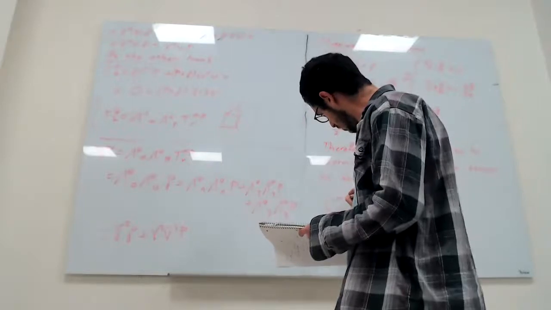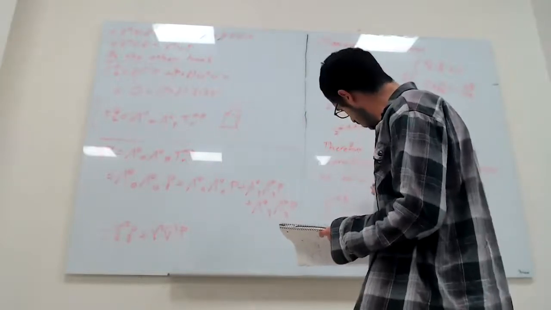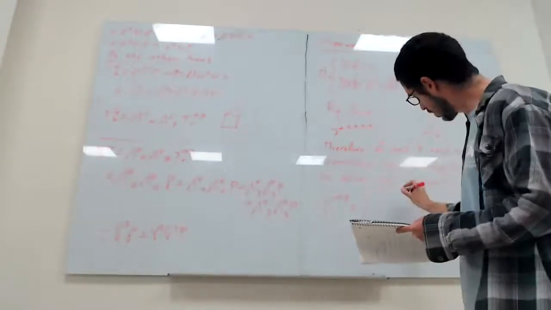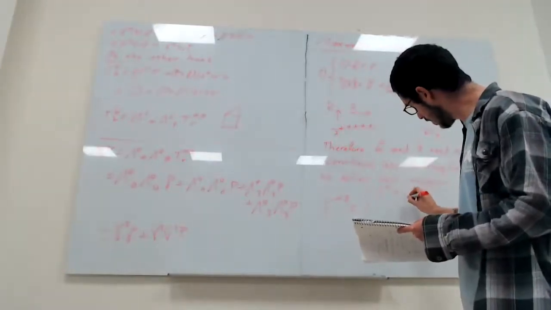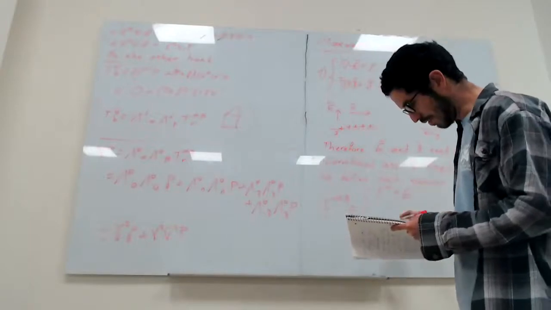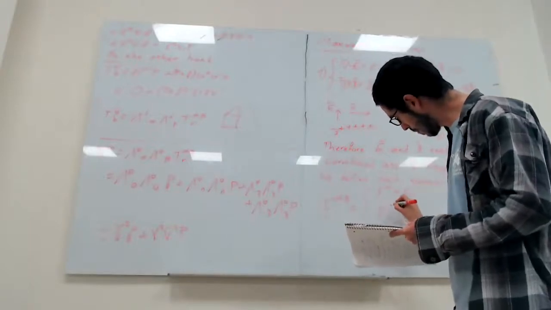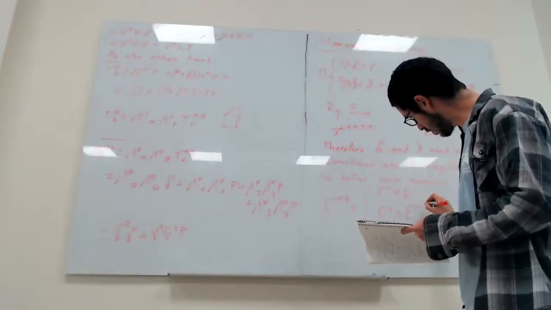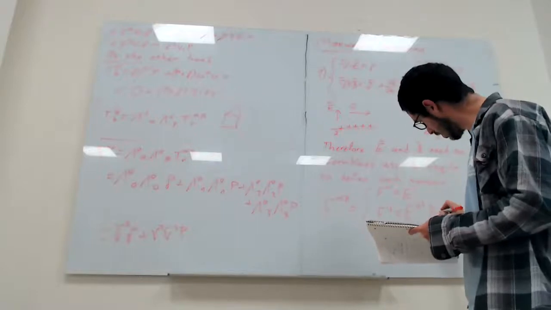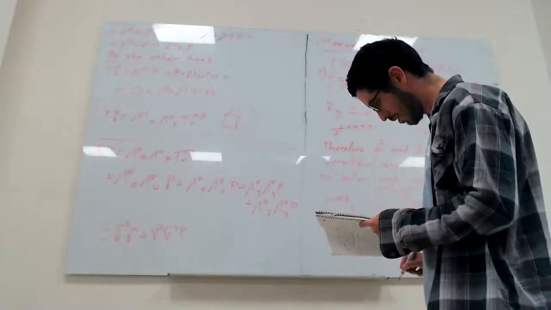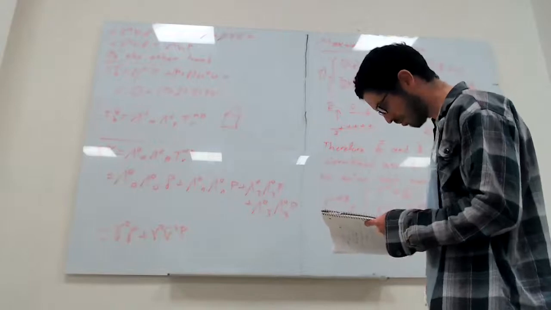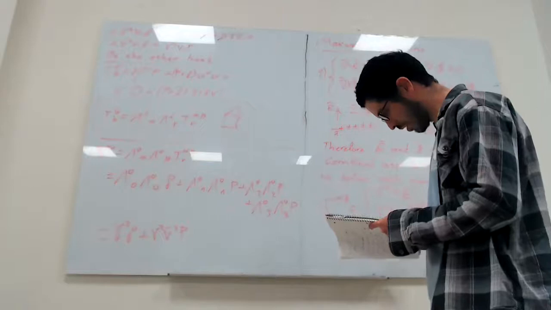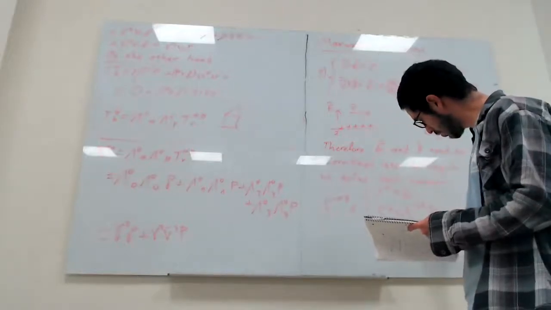F alpha beta equals: F0i equals Ei, Fij equals epsilon ijk Bk, and F beta alpha equals minus F alpha beta.